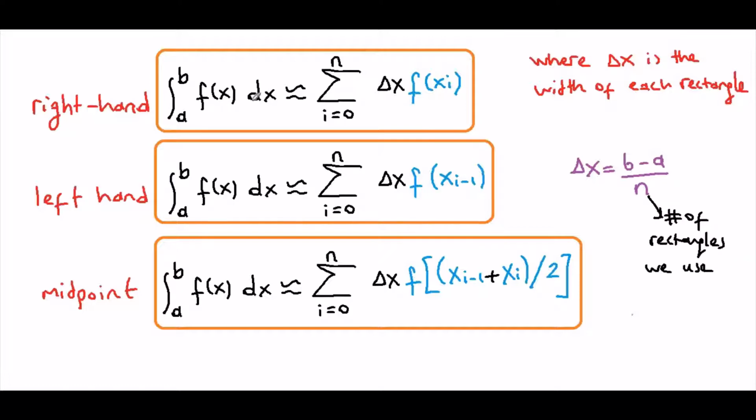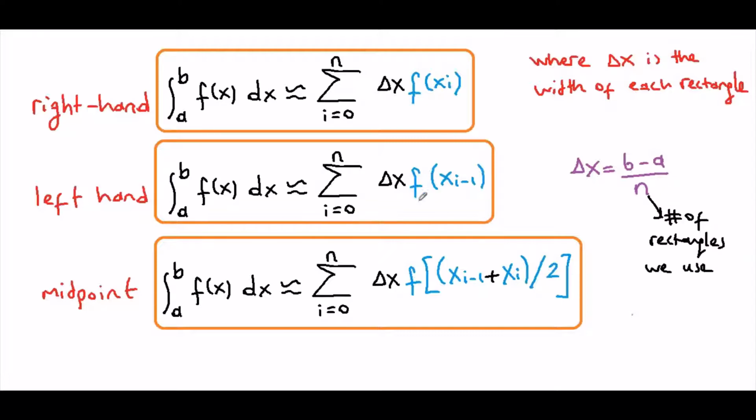We use Riemann sum approximation for the definite integral from a to b of the function f of x dx as the summation for i from 0 to n of delta x times f of xi, where delta x is the width of each rectangle and is found by b minus a over n, where b is the upper limit of the integral, a is the lower limit of the integral, and n is the number of rectangles we use. So the number n is totally up to us. If you would like to use 4 rectangles, use n as 4.